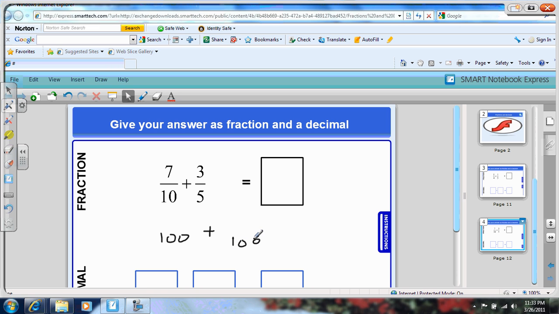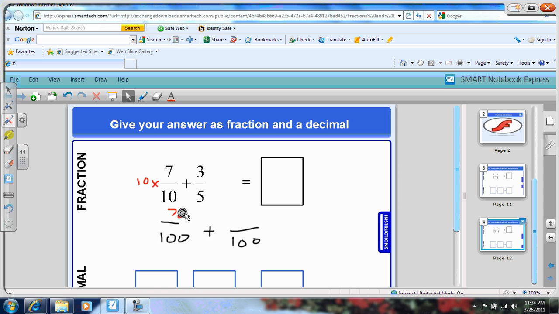Okay? Now what we have to do is figure out 10 times what gives you 100. 10 times 10 gives you 100. Now for our numerator, 7 times 10 gives you what? Yes, gives you 70.